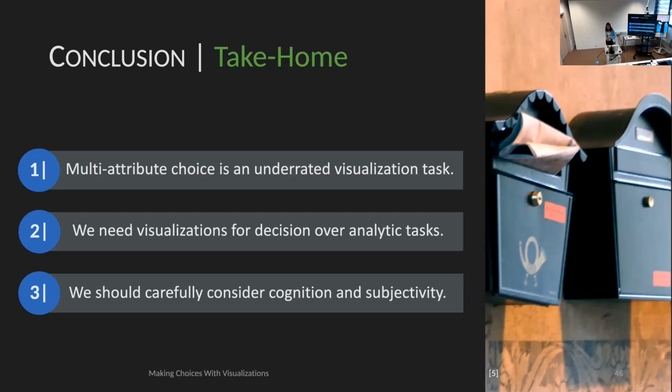And finally, we should acknowledge the subjective nature of choices along with its strengths and also weaknesses, and push forward our fundamental understanding of making choices as humans and assisting these choices with interactive visualizations.